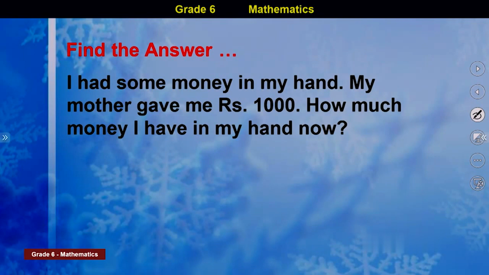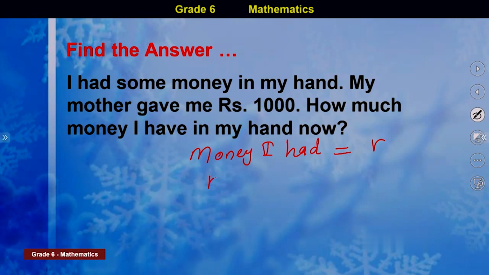I can write the money I had as R. I used R. Then how do I find the money I have in my hand after my mom gives me 1,000 rupees?